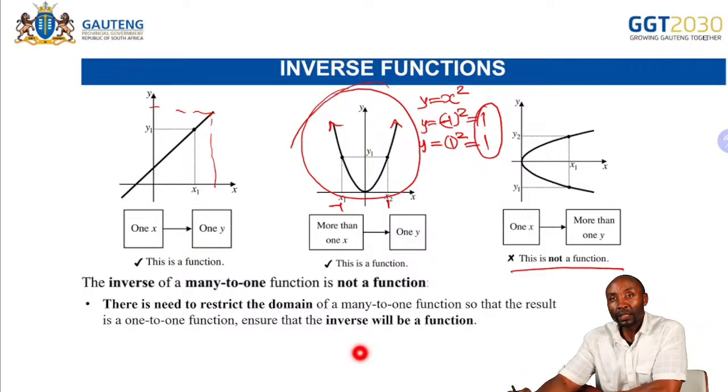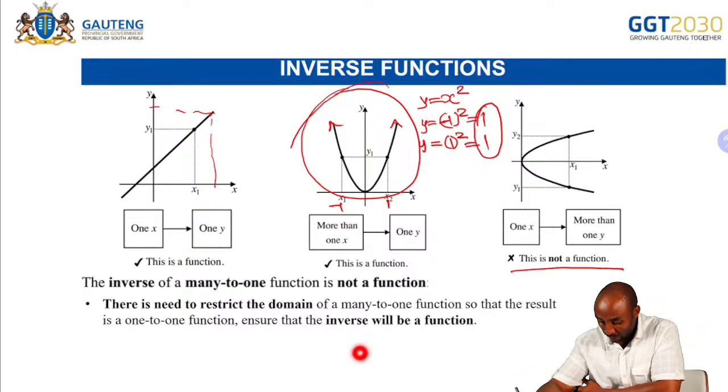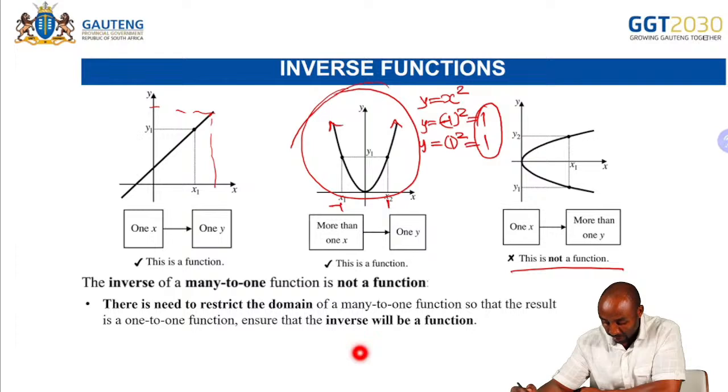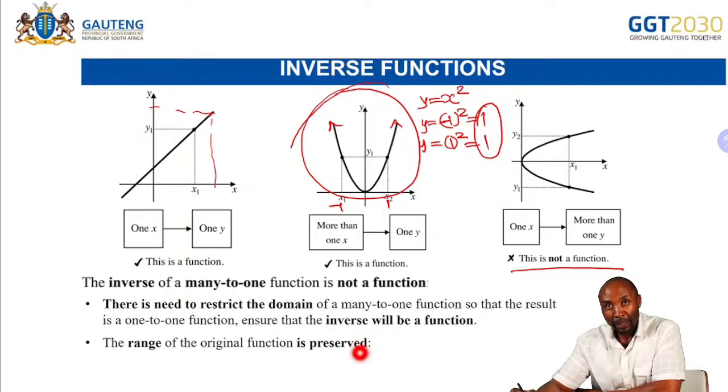So there is a need to always restrict the domain so that the function becomes a one-to-one function before we are able to determine its inverse function, because its inverse will not be a function. Let's move on and get illustrations of this. Now, remember, the range of the original function is always preserved.